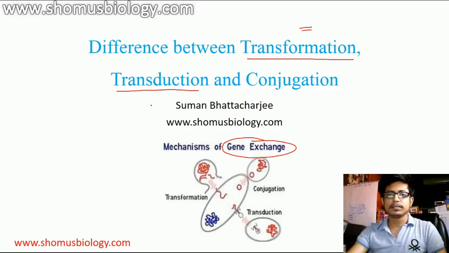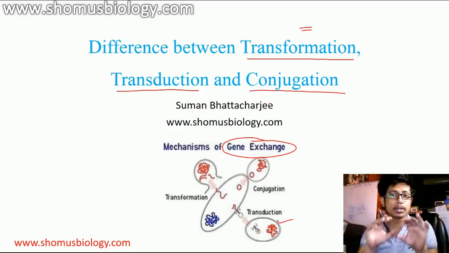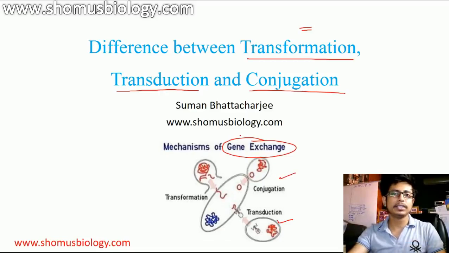In transduction, the genetic material, generally DNA, is transferred by a bacteriophage virus from one bacteria to the other bacteria. And the third one, conjugation, is when the genetic transfer occurs by direct contact between the bacteria. These are the three different situations that we know.